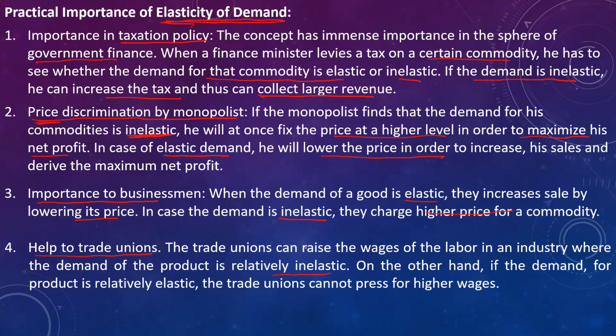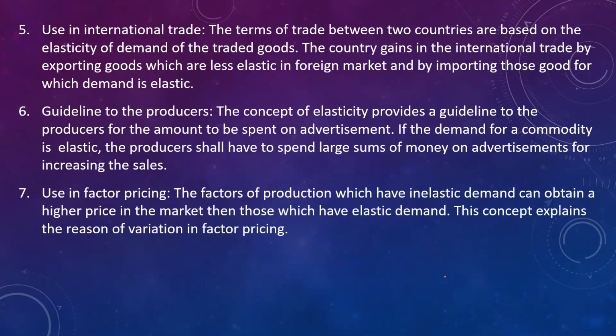There are some industries producing goods for which there is inelastic demand. And in such cases, the trade unions can raise the wages of the labor because they can charge any price for that commodity. But on the other hand, if the product demand is relatively elastic, then they cannot ask for higher wages.